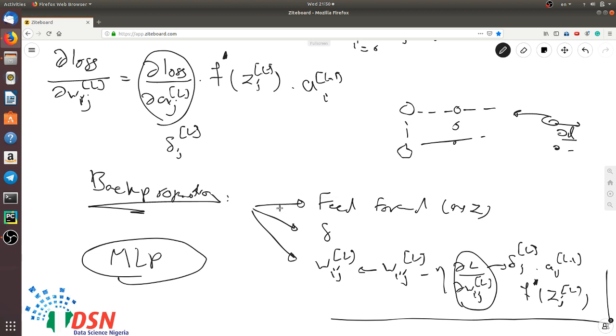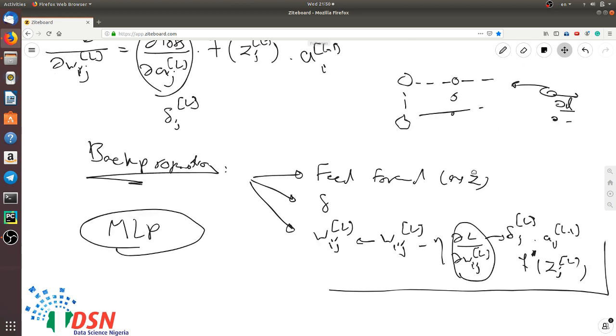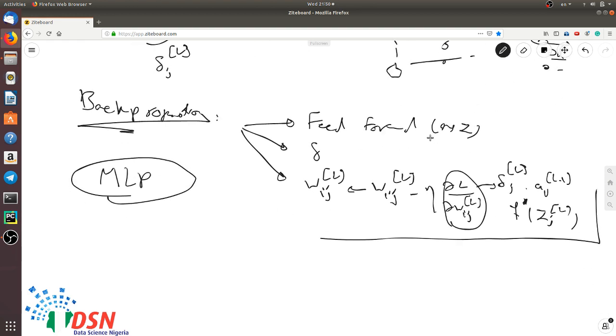But don't worry, in Keras and TensorFlow, when you train the network, it automatically handles this for you. When you just write the train, it trains the network for you automatically using backpropagation.